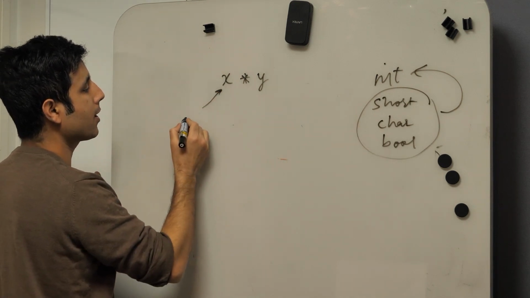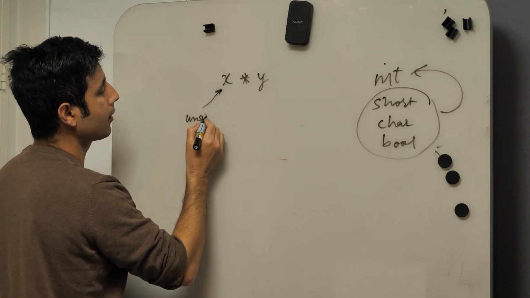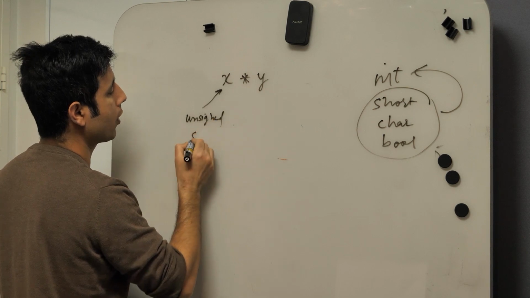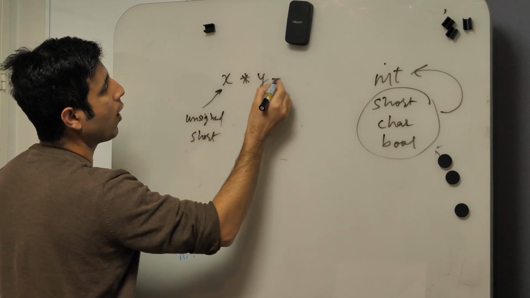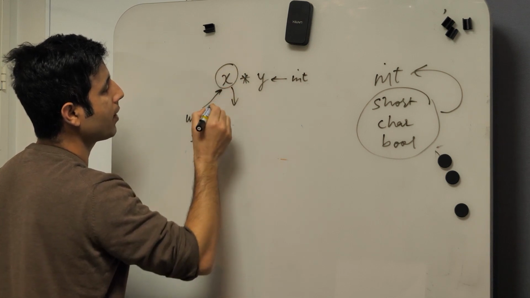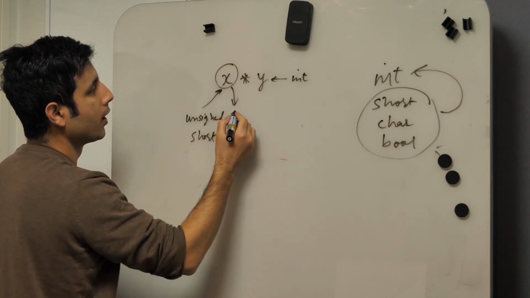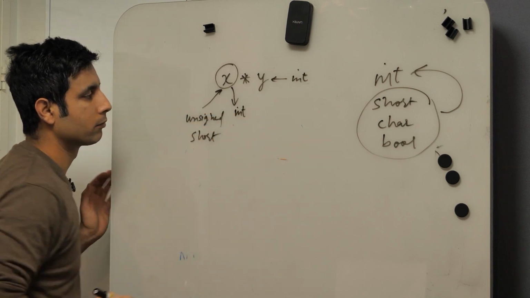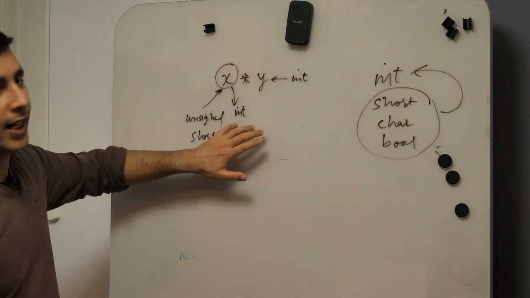Say x here is unsigned short, and say y is a signed integer. So before this operation takes place, x will be promoted to integer, and this would be a signed integer.